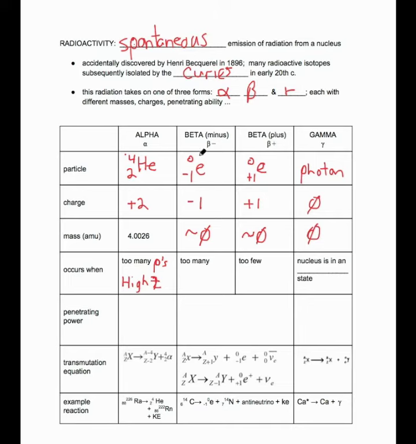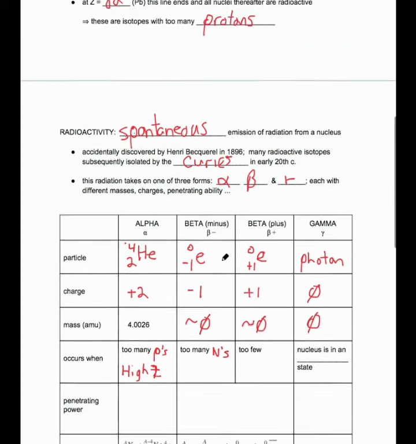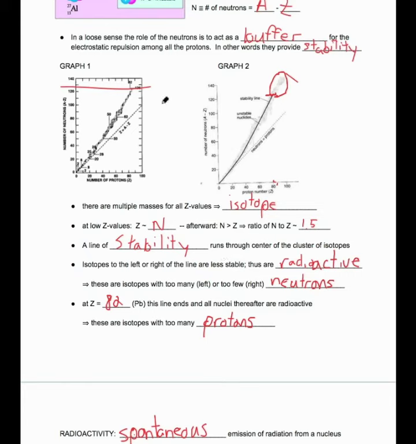Beta, on the other hand, occurs when you have nuclei with too many neutrons relative to the protons. So if we go back to the graph we saw earlier, the elements above the line are generally going to be beta minus emitters.